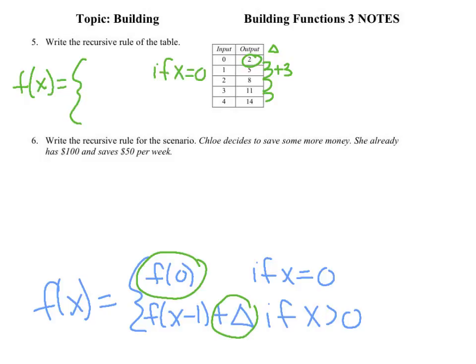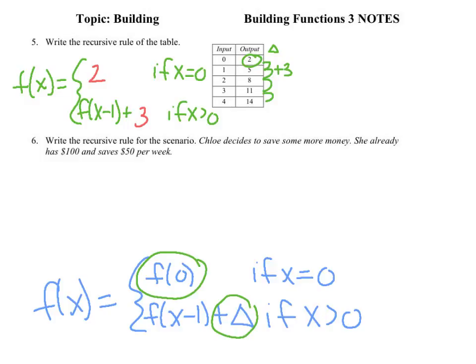The stuff I'm writing down will always be the same. Now, the stuff I have in red is the only thing that changes. So I have to put my 2 here because that's what I'm starting with. Then I need to put my delta, which is going to be plus 3. Again, the only thing that changes is the stuff in red on question 5.